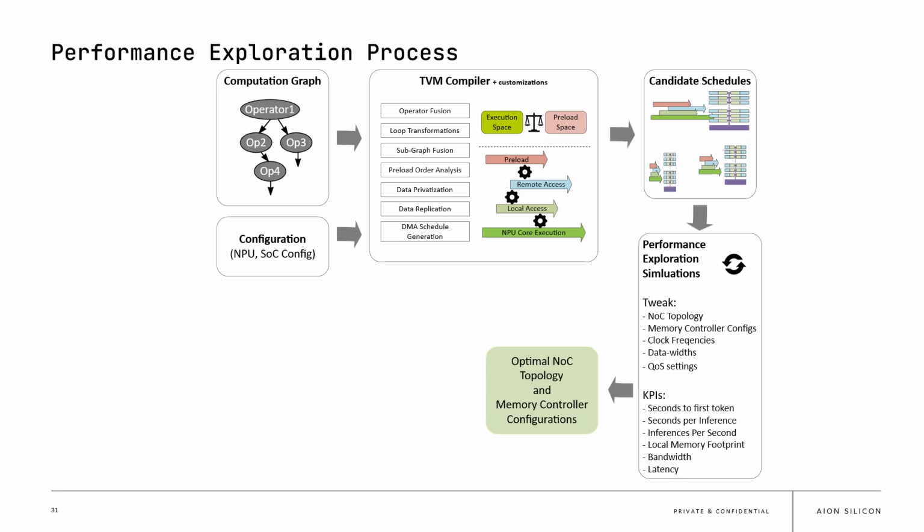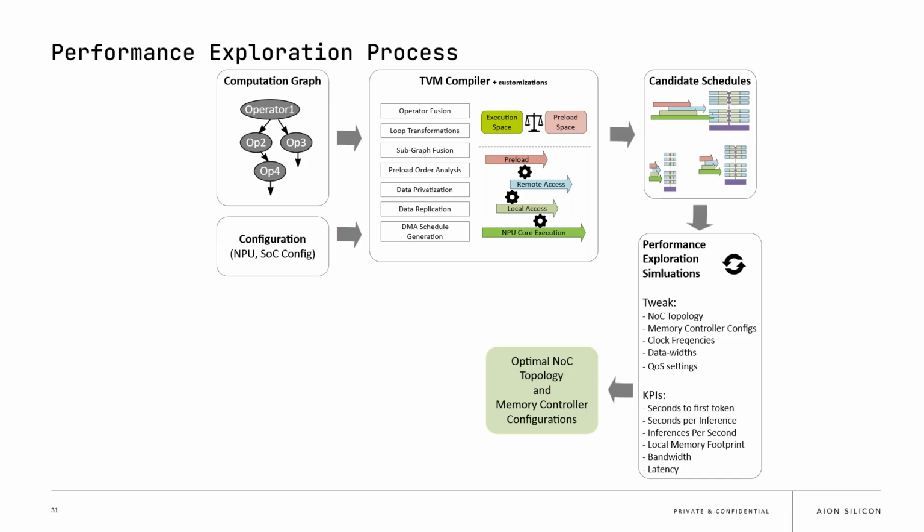And then finally, you want to understand which of these schedules is the best one to choose, and how these schedules have an impact on your NoC topology. So you want to tweak your NoC topology, your memory controller configurations, clock frequencies, data widths, and so on, QoS settings, in order to satisfy the KPIs for the candidate schedule.